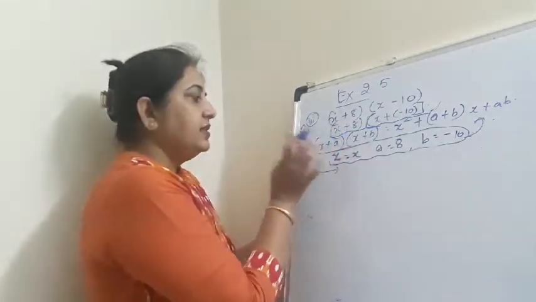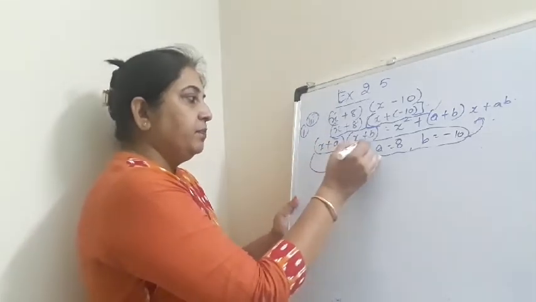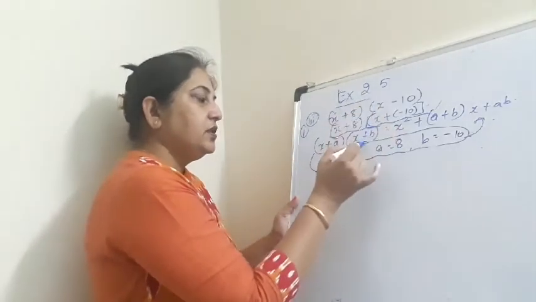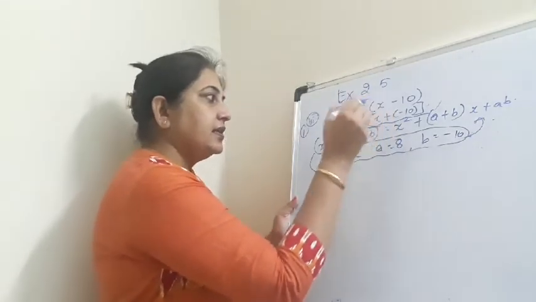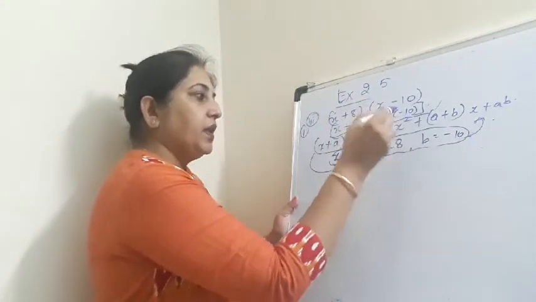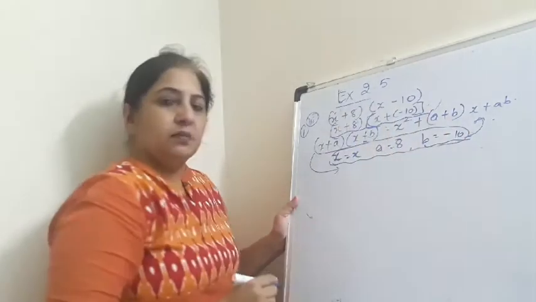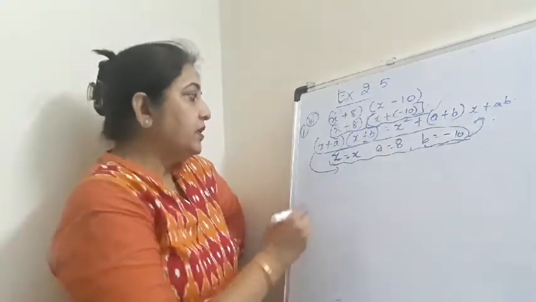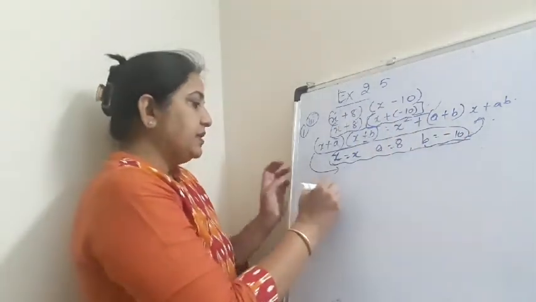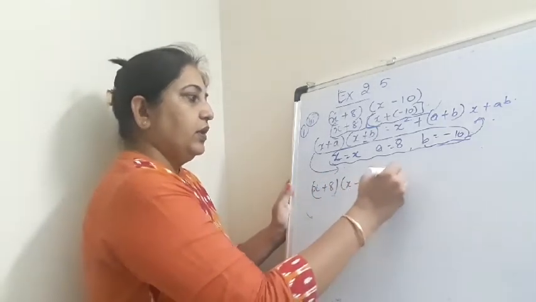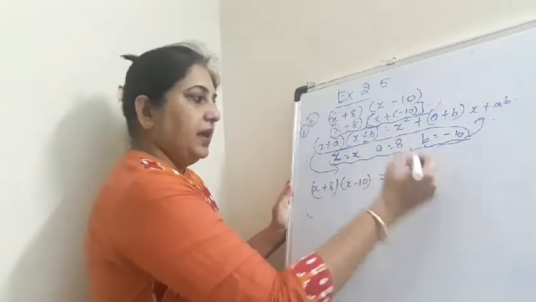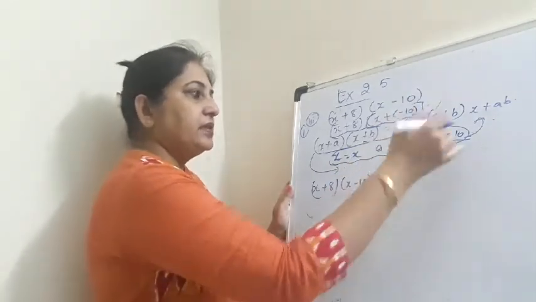Because we have the identity (x + a) and (x + b), we will write the question also in this form, and I will now write x minus 10 as x plus minus 10, and therefore I get the value of b as minus 10. We now proceed. (x + 8) into (x - 10) is equal to x square plus (a + b).